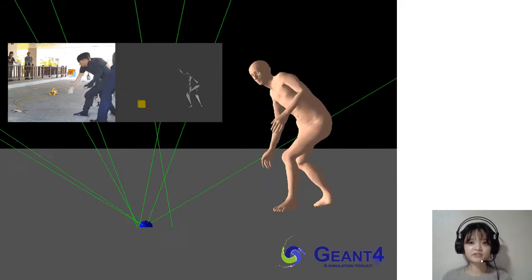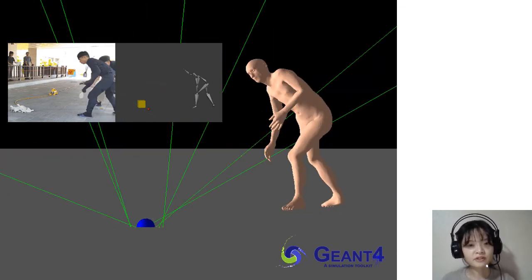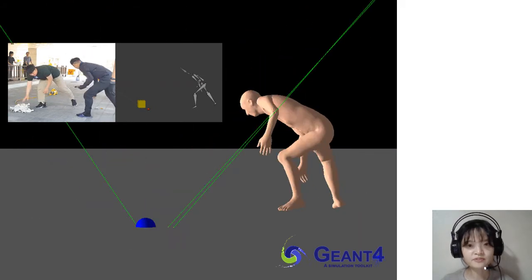Finally, this is how it looks in the Geant4 visualized UI. This small image shows the actor with motion capture devices and the motion data obtained from it. You can see that all three are well synchronized.